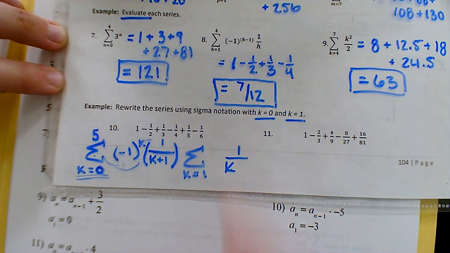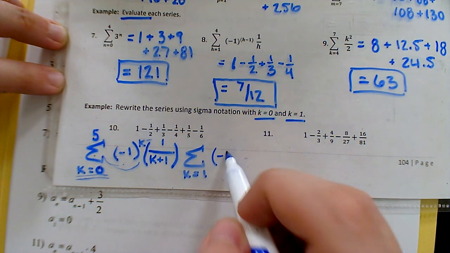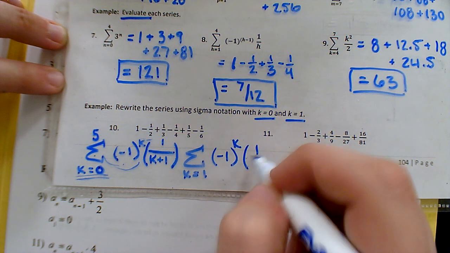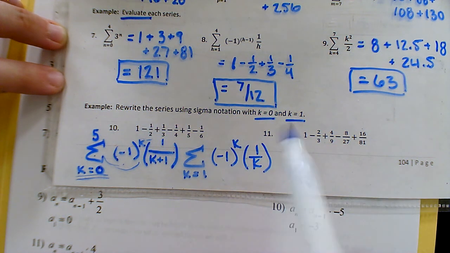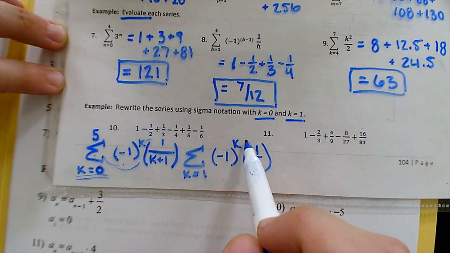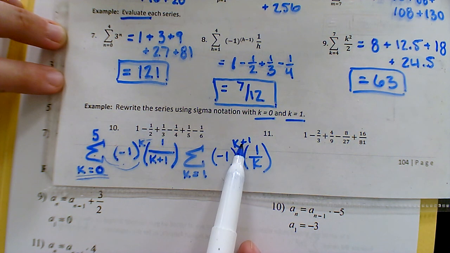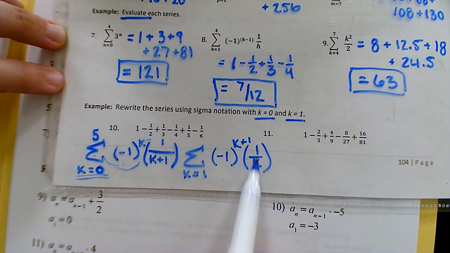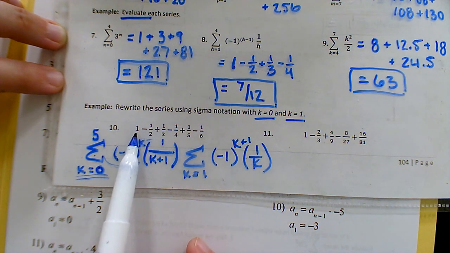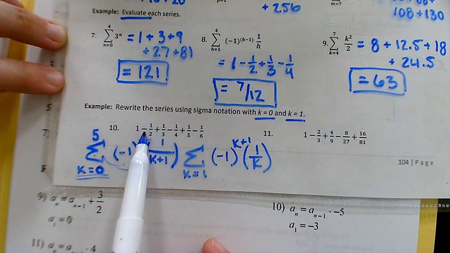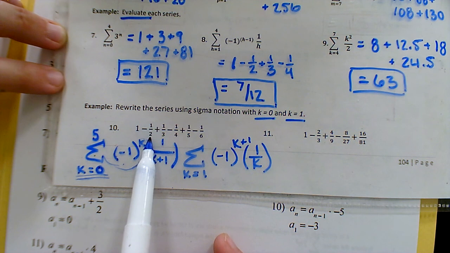So I still need some type of oscillator out front. -1 or +1, something like that, right? If you plug in 1, we'll have -1 squared, which is +1, times 1, which is 1. If you plug in 2, we'll have -1 cubed, which is going to make it negative, and 1/2, which would give us the 1/2. So that one looks to be correct.